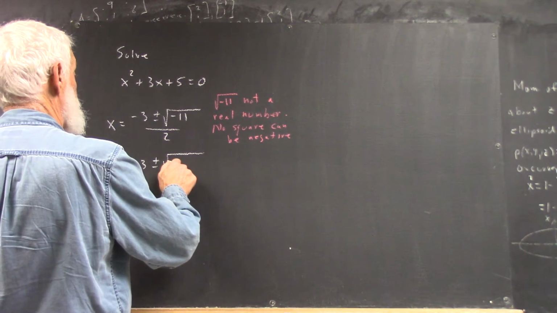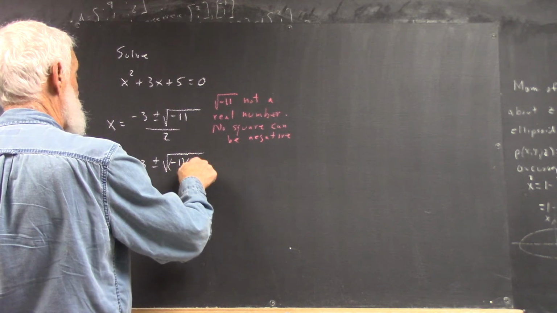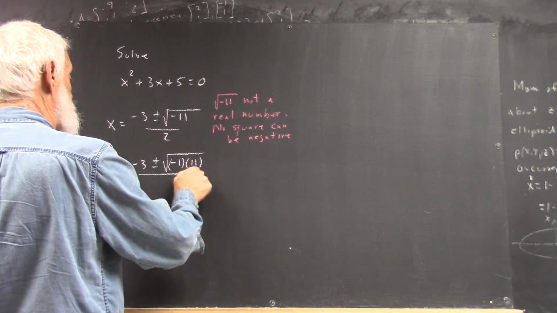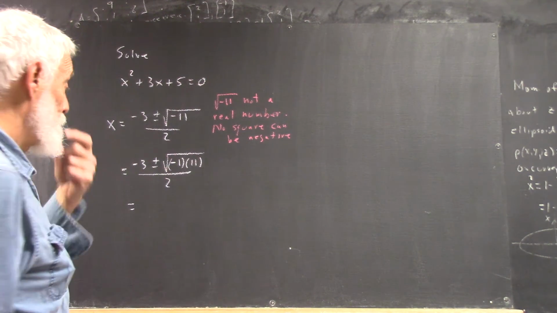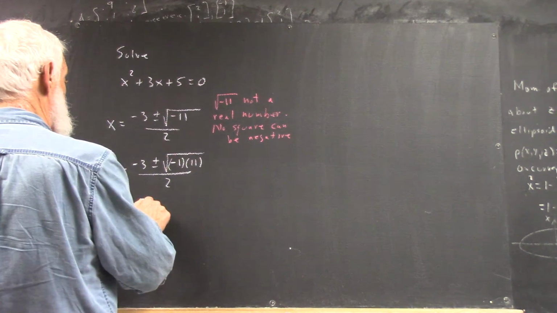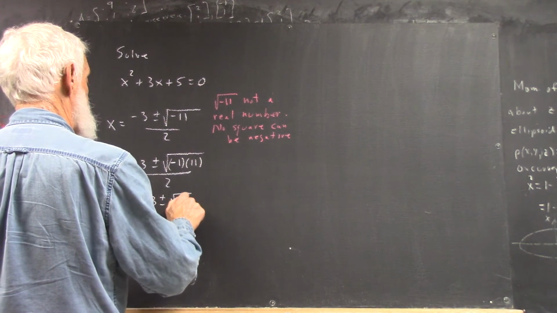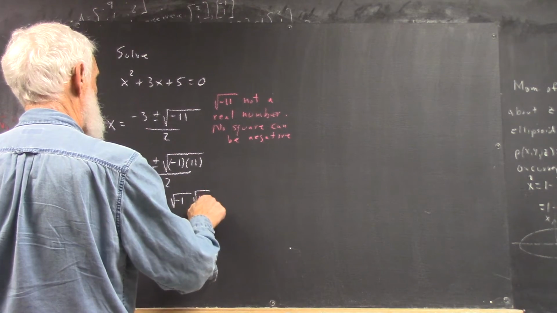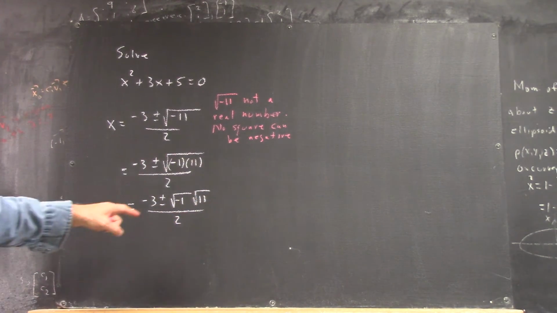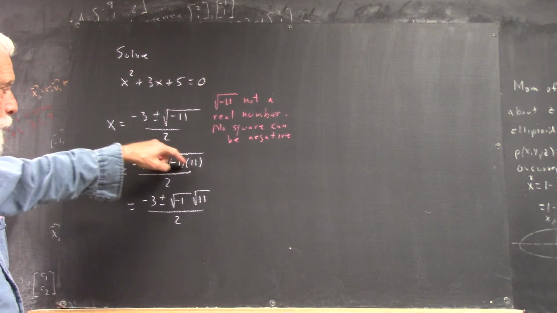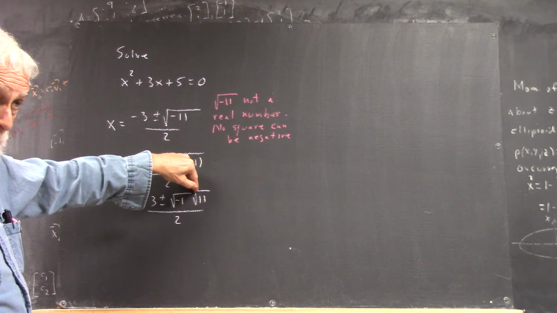But we do know that negative 11 can be written as negative 1 times 11. And we know from what we did very early in the term, which you did very well with, that the square root of a product is the square root of one number times the square root of the other.